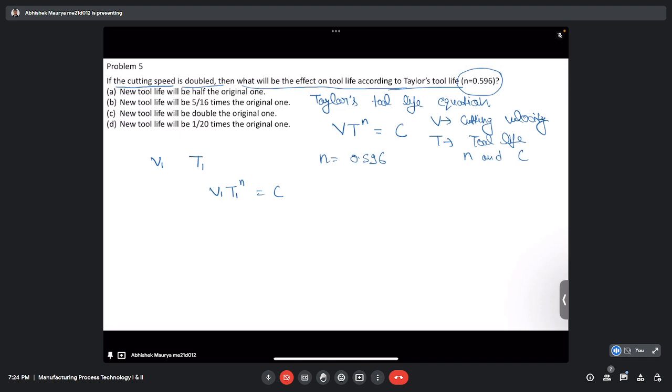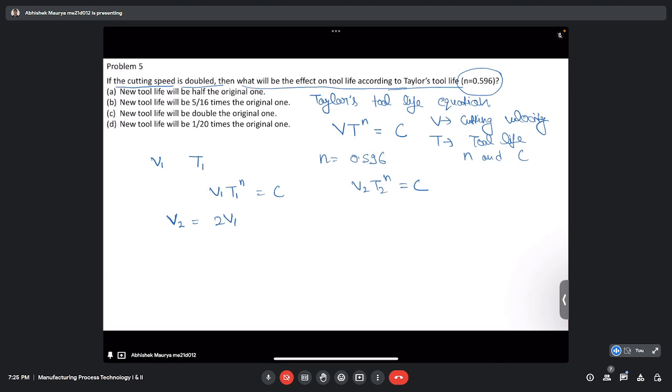But if we increase the cutting velocity to v2, that will be 2 times v1. Writing the Taylor's tool life equation for the second case, where all other things are the same, we write v2 t2 to the power n is equals to constant.